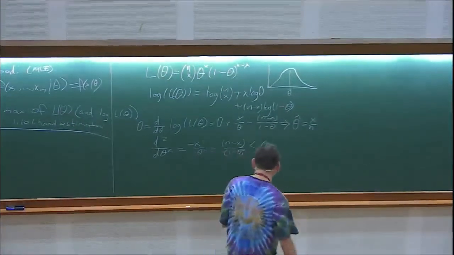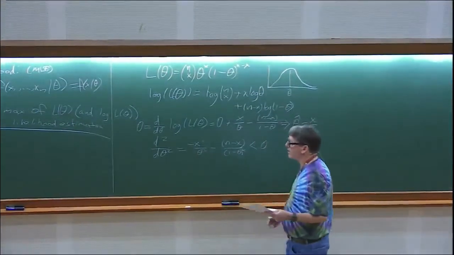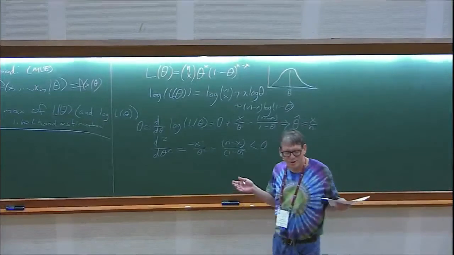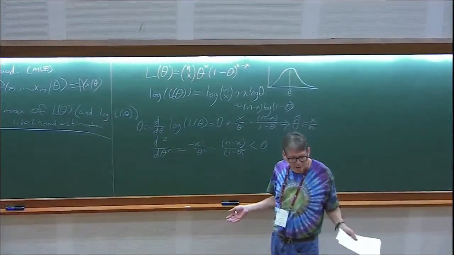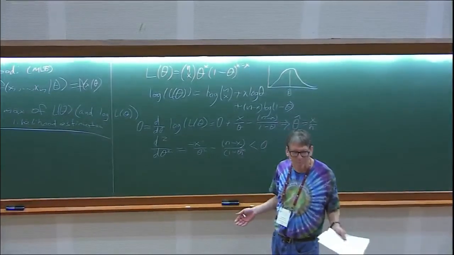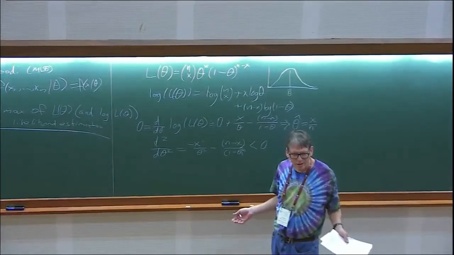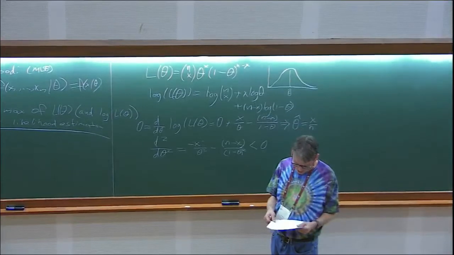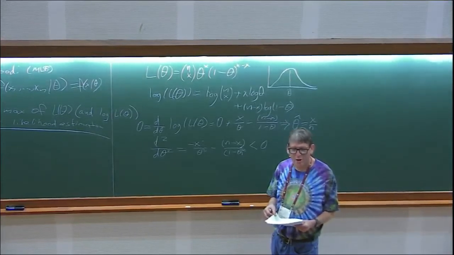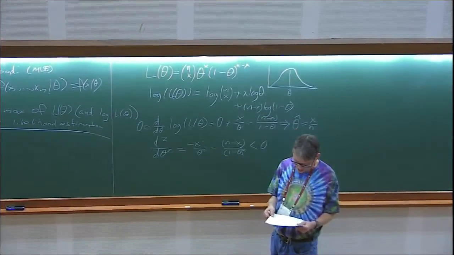Now, I think I've touched on the fact that the maximum likelihood estimator is not always the thing that you want. It has good sampling properties as the asymptotic limit of large data is approached, but it doesn't always have the smallest MSE.